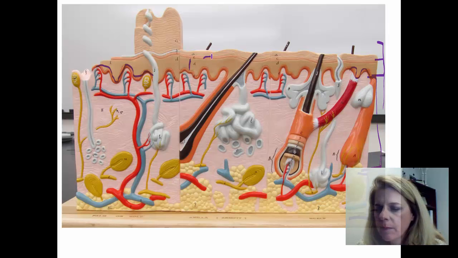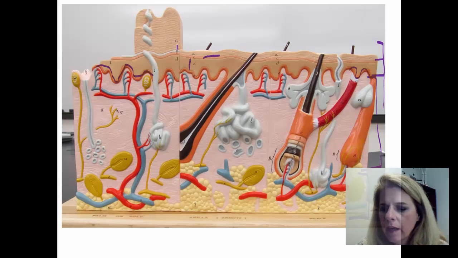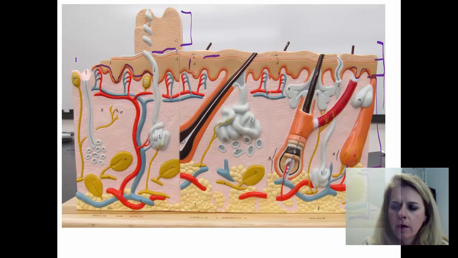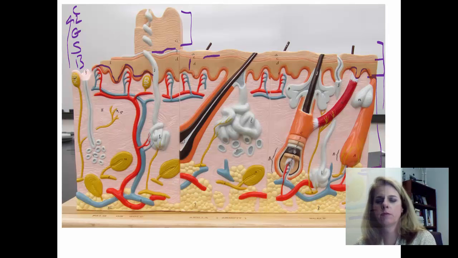Then this pink layer, the stratum granulosum. And here, this white layer is the stratum lucidum and then the stratum corneum. So you start out with stratum basale, then stratum spinosum, then stratum granulosum, then lucidum, then corneum, going from deep to superficial.